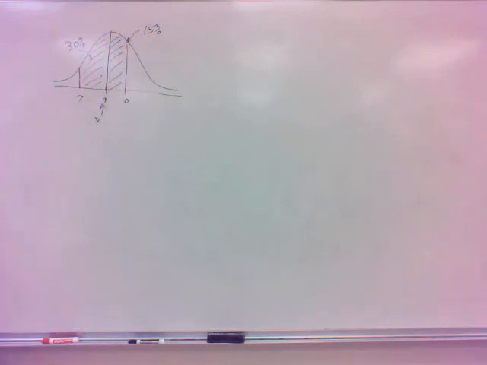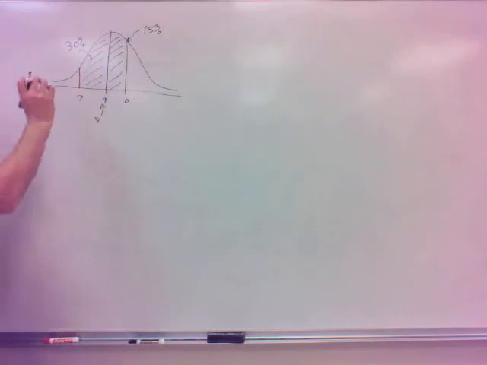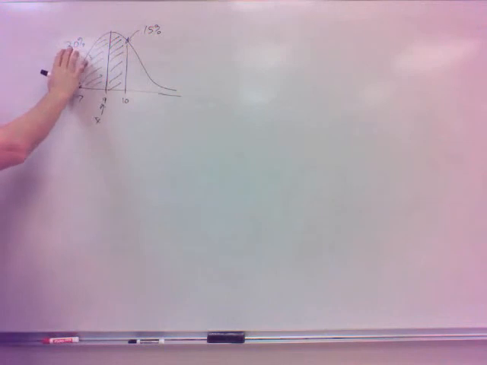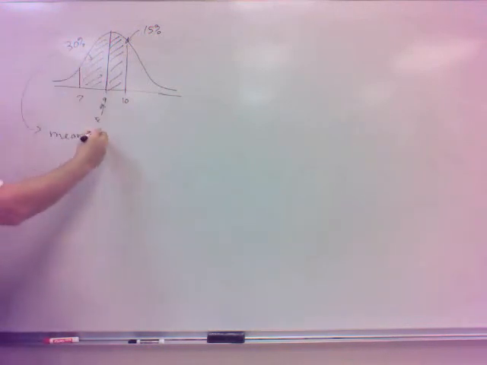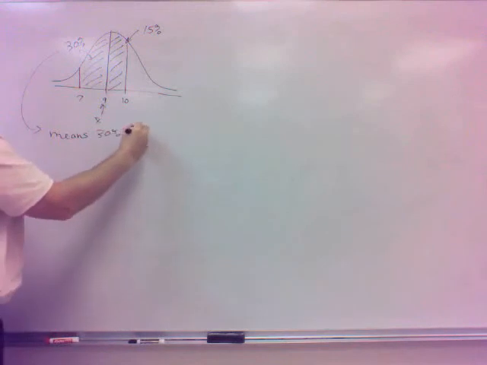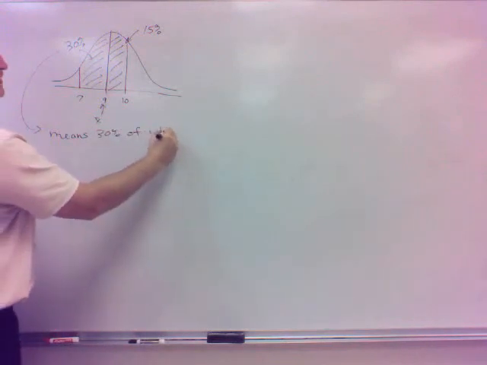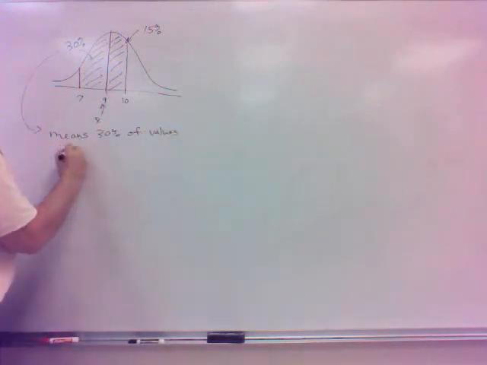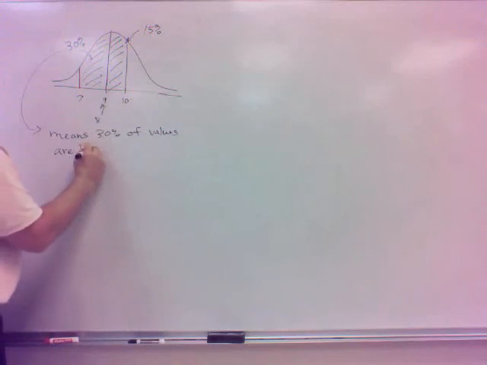Say we know these percentages. What does this 30% mean? That means there's 30% of the values between 7 and 9. You with me on that?